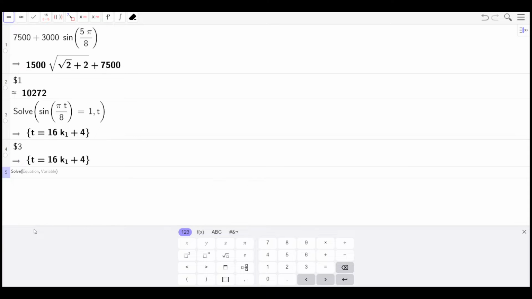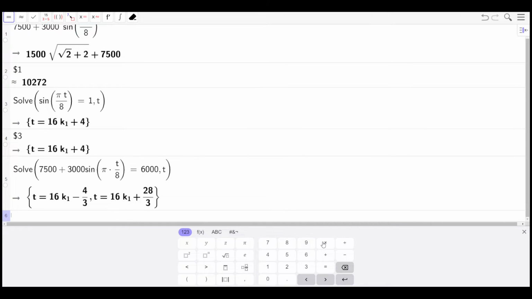I choose the variable as well, so my equation is 7,500 plus 3,000. You don't need to put a product when it is a number. And then here, pi, I use this pi, and then multiplication, and then t, and then divided by 8, equals 6,000. And then the variable here is t, and then I press enter.